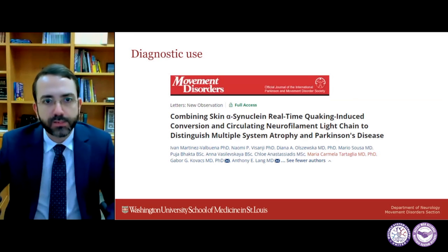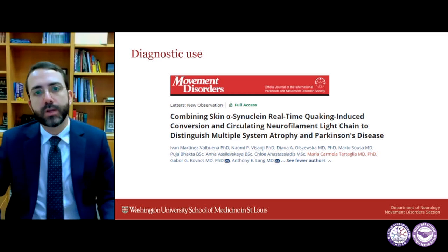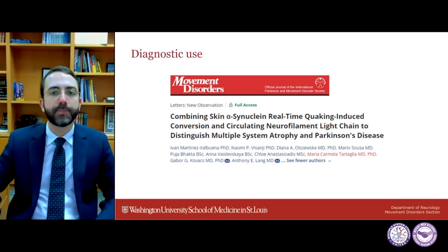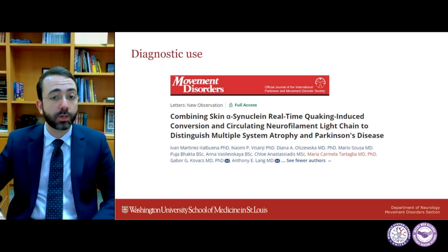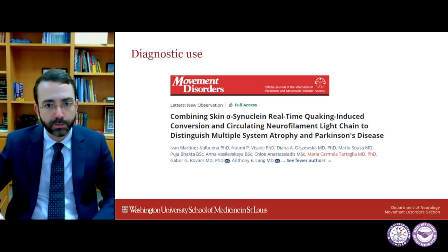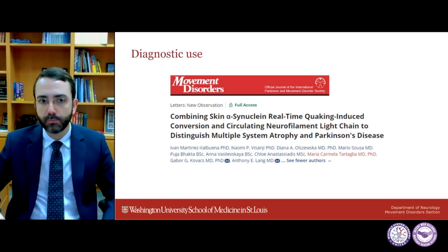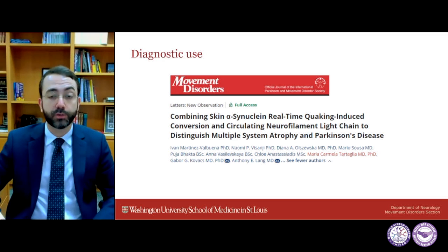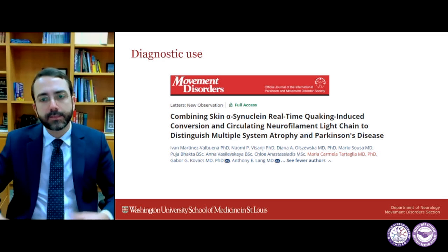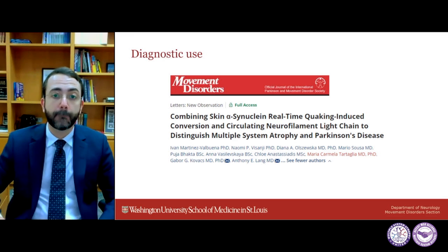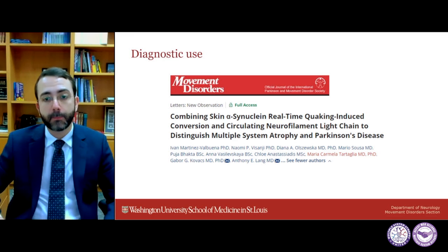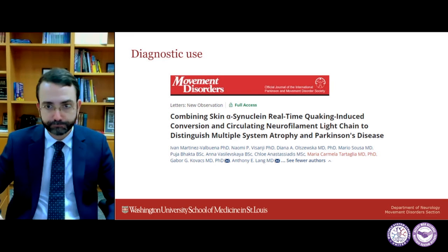And what is interesting is that some groups have also suggested the possibility of combining neurofilament light chain with other biomarkers. So this is work done by the Toronto Western group, including Dr. Martinez-Valbuena, Dr. Kovacs, and Dr. Lang. And they analyzed the potential of using neurofilament light chain along with other biomarkers that have been suggested to be very sensitive and specific to multiple system atrophy.